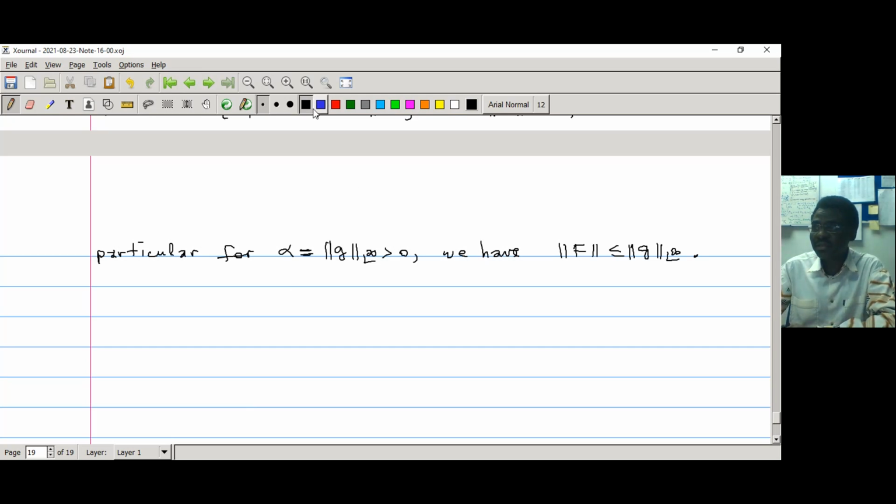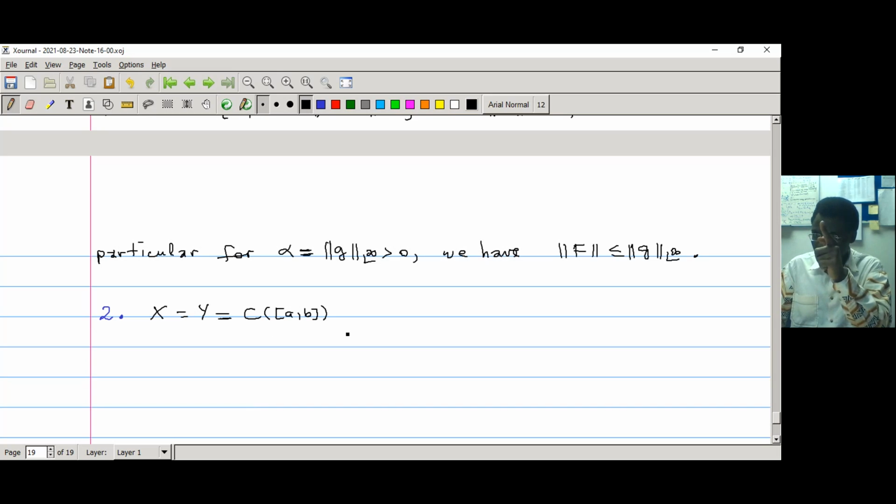The only difference is the spaces X and Y. Because in example, okay, so now here we take X equal to Y, and both are equal to the set of continuous functions over the closed interval [a, b]. Right. Okay, this is for 2.